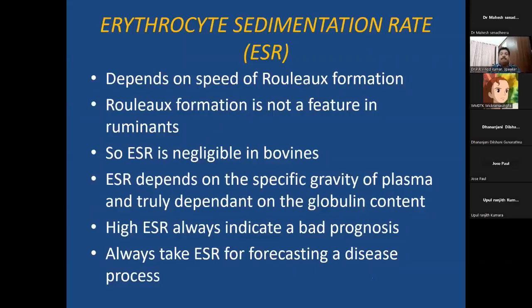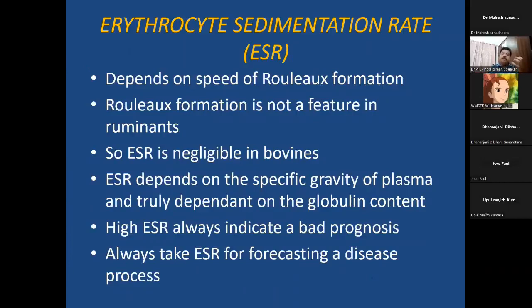And another thing is the specific gravity of the plasma. If the specific gravity of the plasma is more, what will happen to the erythrocytes? The erythrocytes become very light, and they cannot sink down. So they cannot sediment down, or sometimes we can say that they sediment very slowly, due to the increased density of the plasma.